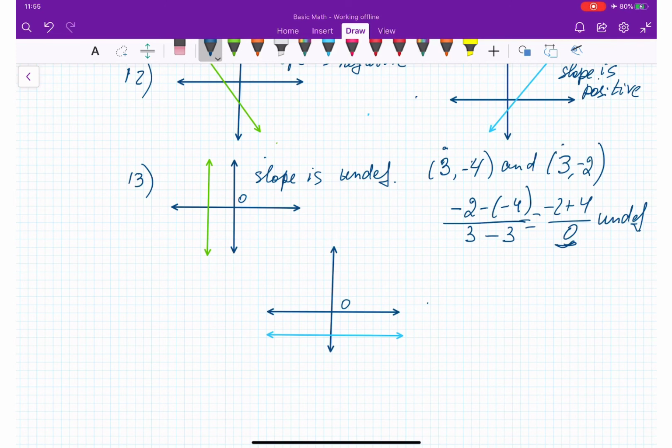So the slope here equals 0. Okay? All right. This is how we recognize our slope.